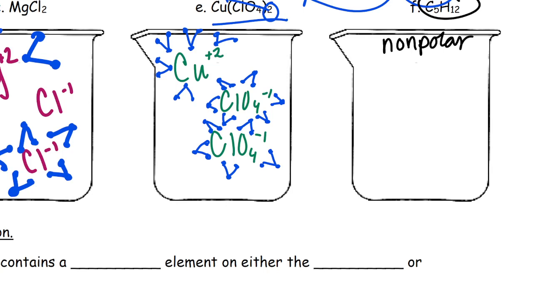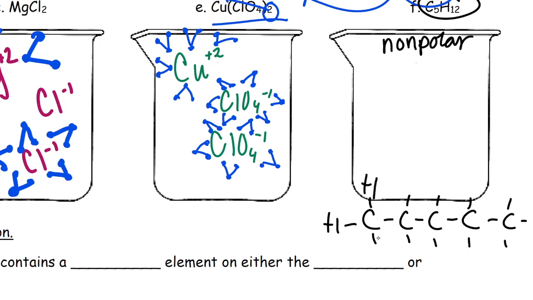So you know that if you have multiple carbons, you'd have carbon bonded to carbon, carbon, carbon. 1, 2, 3, 4, 5. And then 12 hydrogens. 1, 2, 3, 4, 5, 6, 7, 8, 9, 10, 11, 12. There would be a hydrogen on each of those. So it would be a long carbon chain.